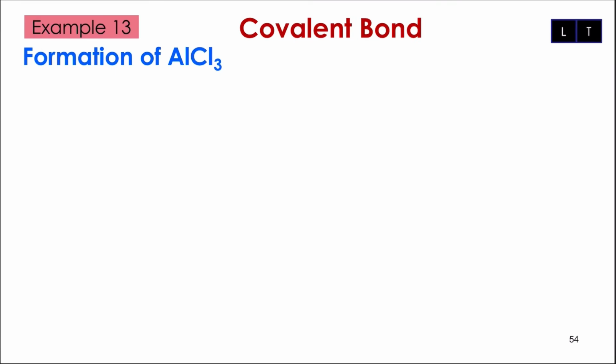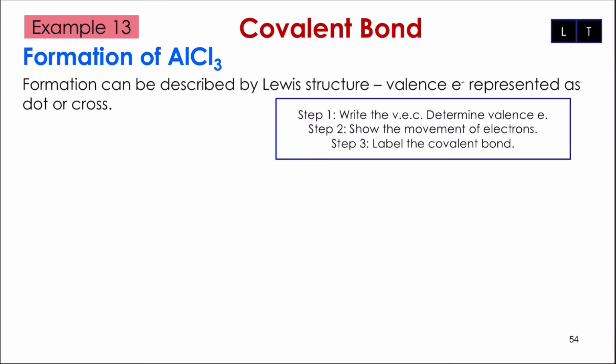Now we go for last example. Example 13. How you want to show the covalent bond in AlCl3. So, kita masih akan gunakan step yang sama, tapi dalam kes ini, awak nak show covalent bond, electron sharing between 1 aluminium atom and 3 chlorine atoms. So, no matter what, write the electronic configuration first.